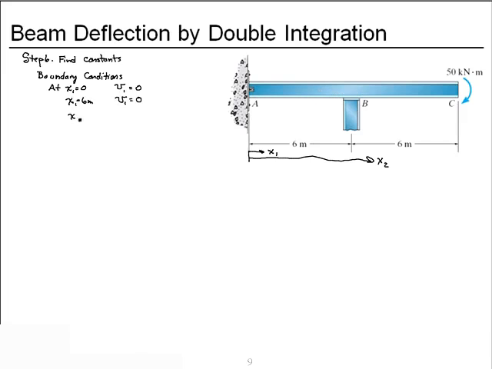At x2 equals 0, well, we're right back at that same point B, but it's a new equation. It's vertical deflection in terms of variable x2. That gives us 3 pieces of information, but we have 4 unknown constants, so we also need a continuity condition.